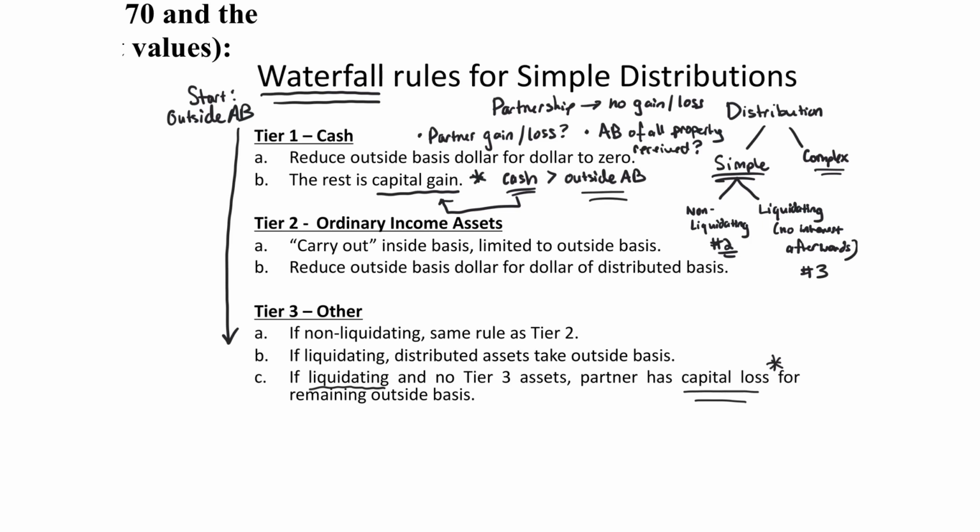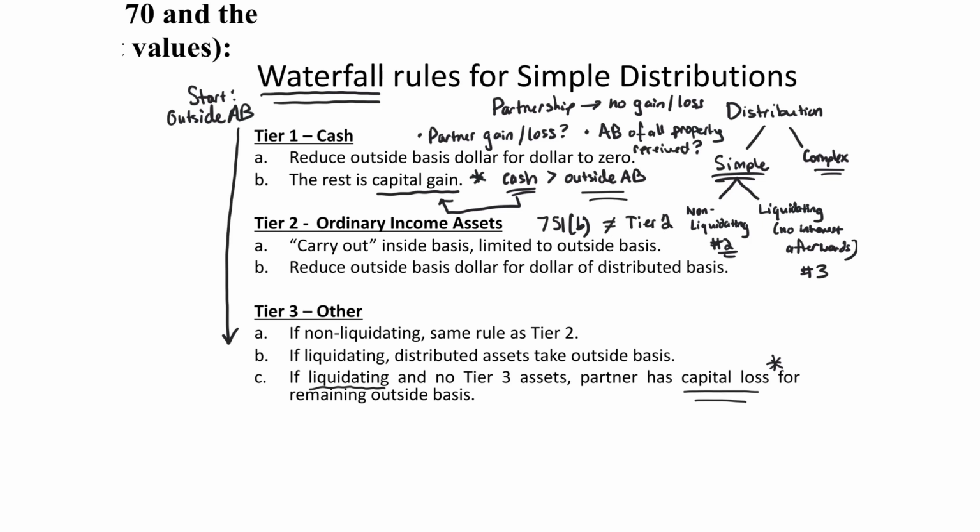Okay, then we subtotal the basis and go on to tier 2. So basis after tier 1, we go to tier 2. Ordinary income assets. We ask, is the partner receiving any ordinary income assets? These are assets that if the partnership was to sell any of its assets would generate ordinary income or loss. And here's the kicker: the hot assets for purposes of section 751(b) might not equal these tier 2 assets.